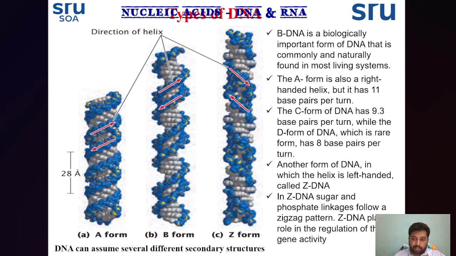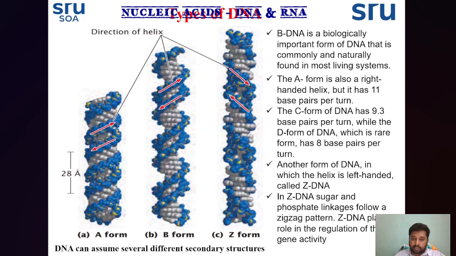Another form of DNA is Z-DNA. This is a left-handed helix DNA. So we know B-DNA, commonly and naturally found in most living systems, is a right-handed helix DNA, whereas Z-DNA is a left-handed helix DNA. In Z-DNA, the sugar and phosphate linkages follow a zigzag pattern.